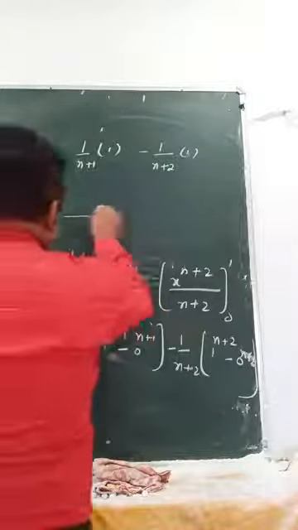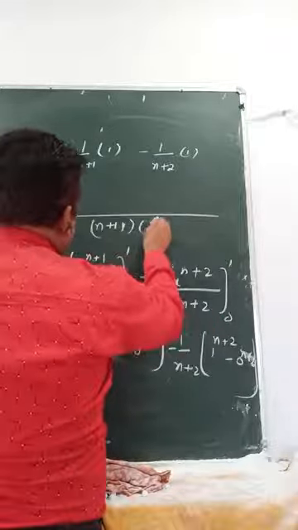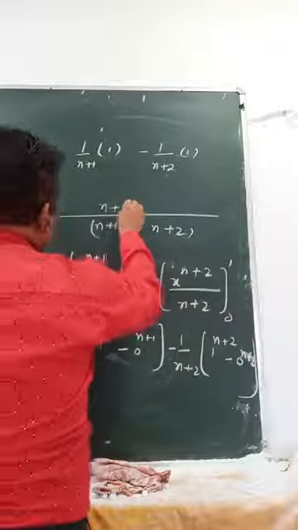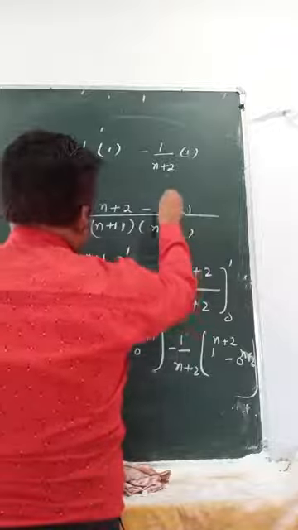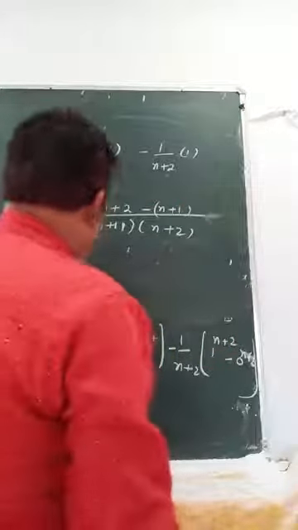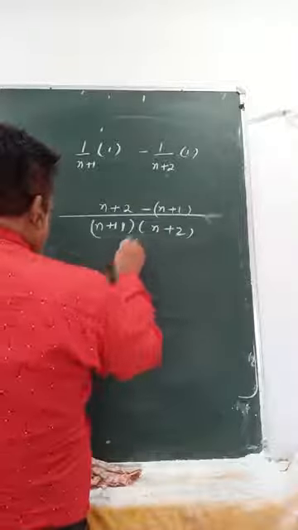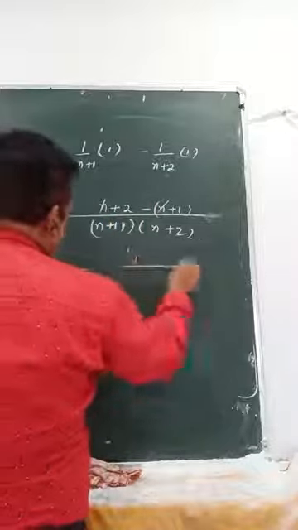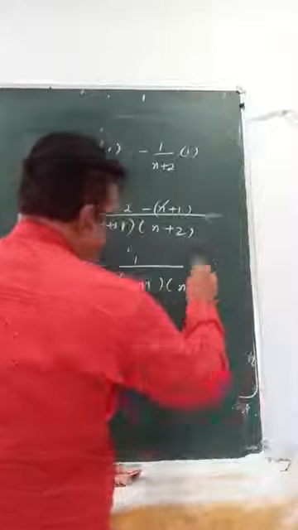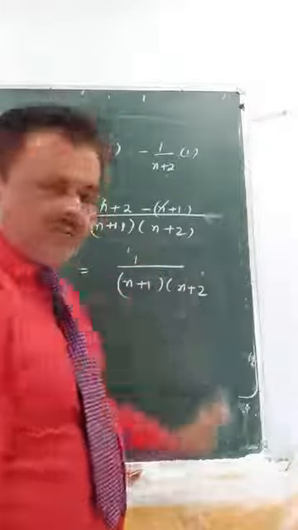So that is n plus 1, n plus 2 in the denominator. This will go here: n plus 2 minus n plus 1. What does that give you? n is cancelled, 1 by (n plus 1)(n plus 2). This is your answer.